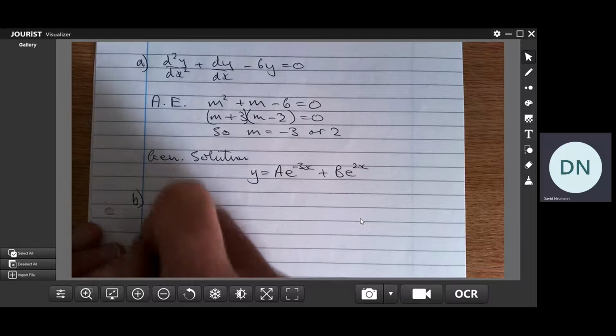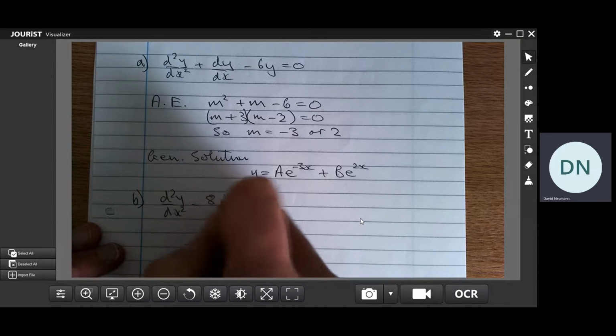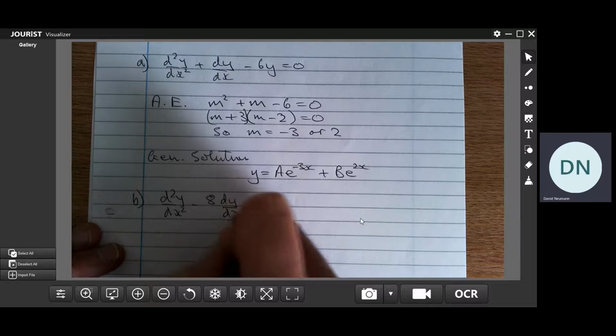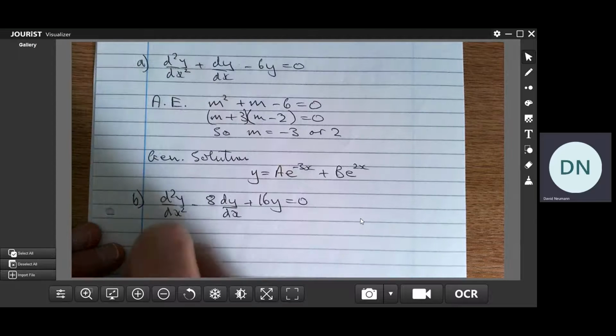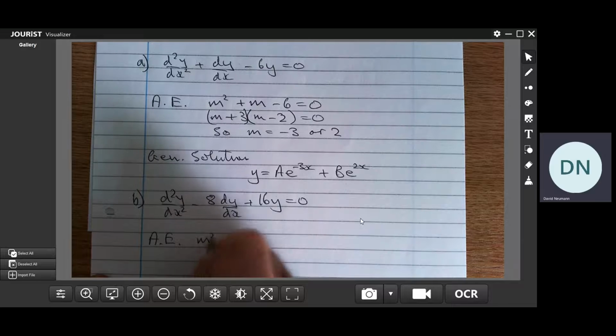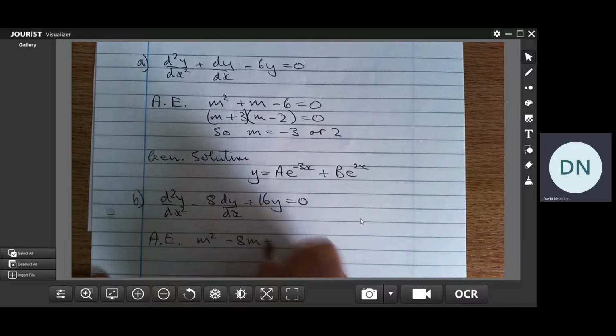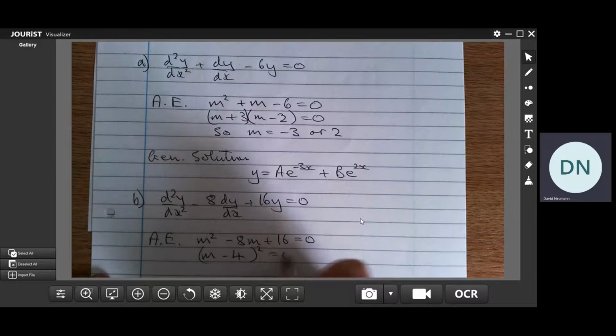So part B, we've got d2y by dx squared minus 8 dy by dx plus 16y equals 0. So our auxiliary equation is going to be m squared minus 8m plus 16 equals 0. That's m minus 4 squared equals 0.